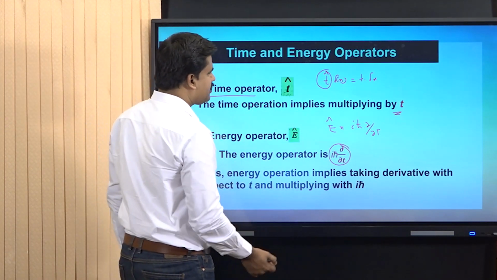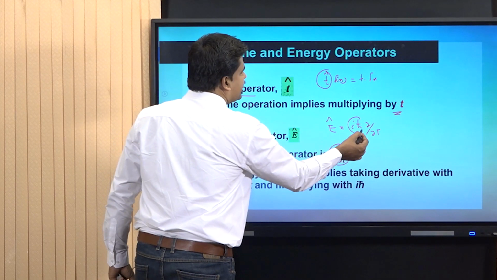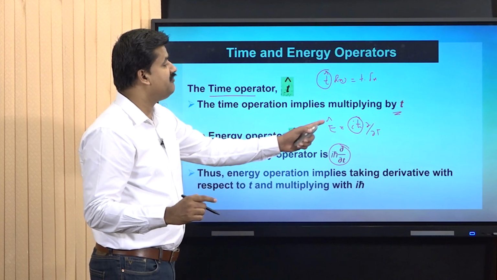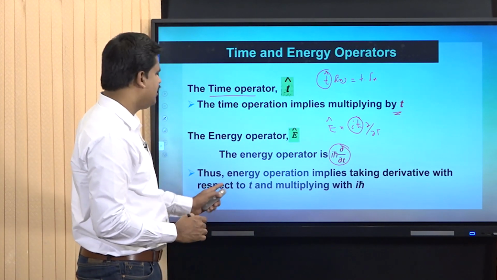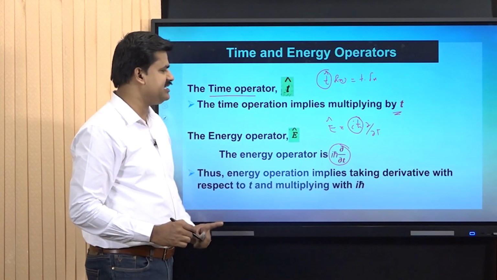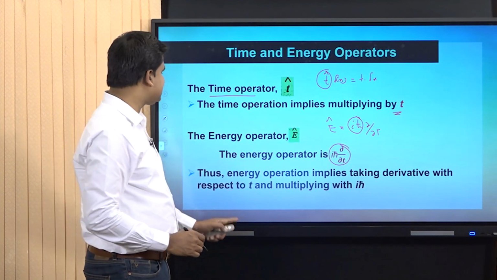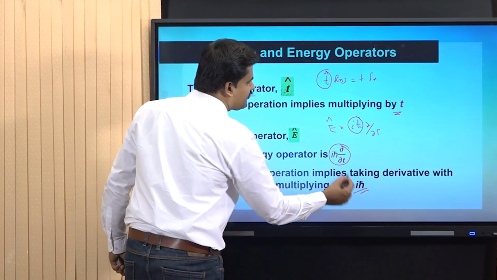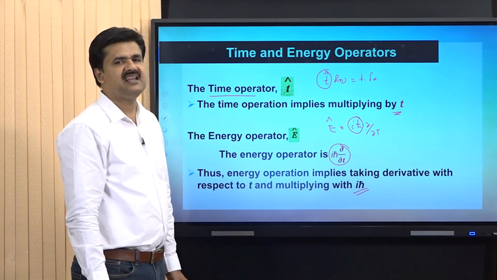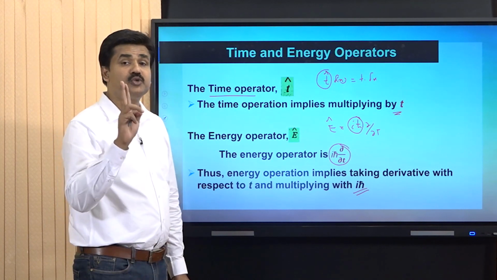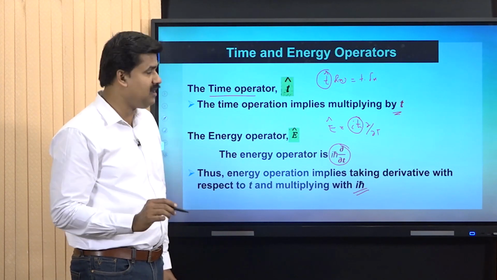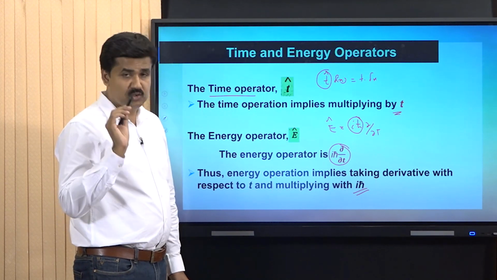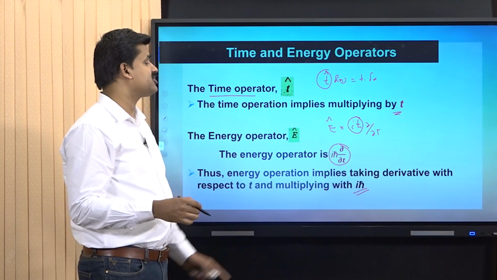In energy operation, you have to multiply with iħ and also to take first differential with respect to time. So in energy operation, we have to perform two things on the operand. First of all, the operand to be differentiated with respect to time, first order differentiation, followed by multiplication with constant, that is iħ.